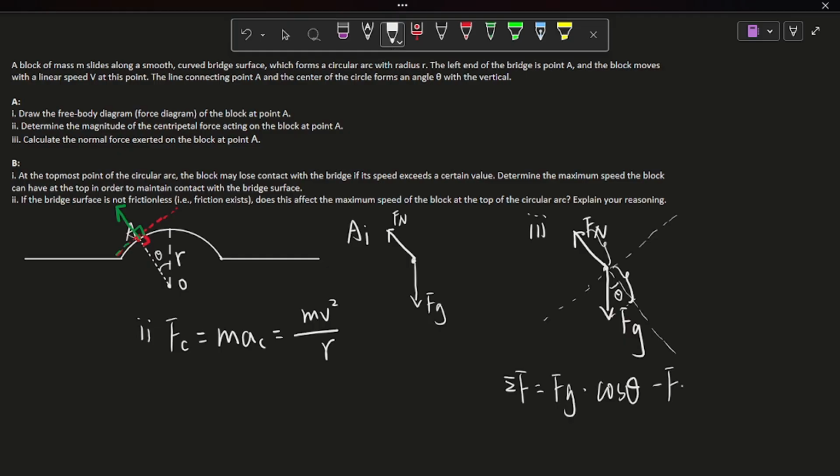Minus Fn is equal to mv squared over r. It's equal to centripetal force, which is mv squared over r.